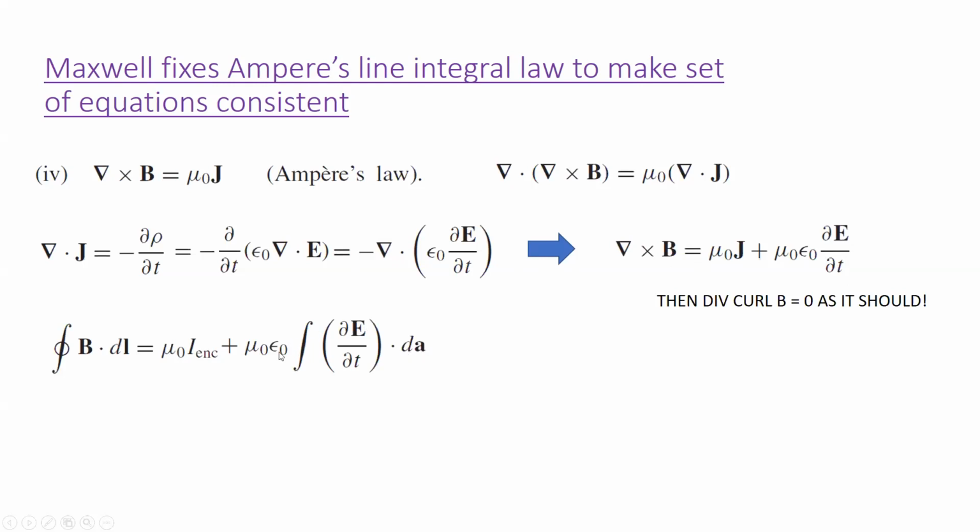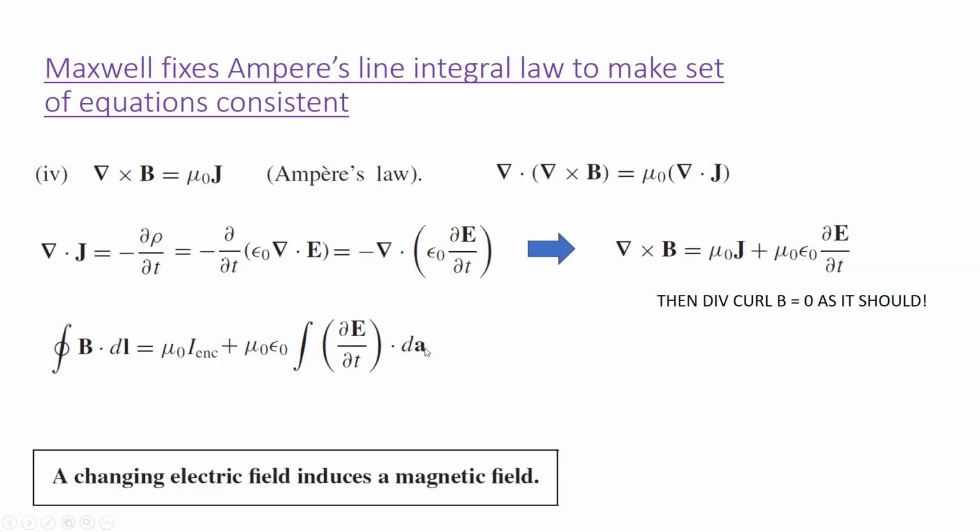Or if you like, we can bring this d dt out in front and we have just the time derivative of the electric flux. So we can say that a changing electric flux induces a magnetic circulation. So we have kind of a full symmetry here.